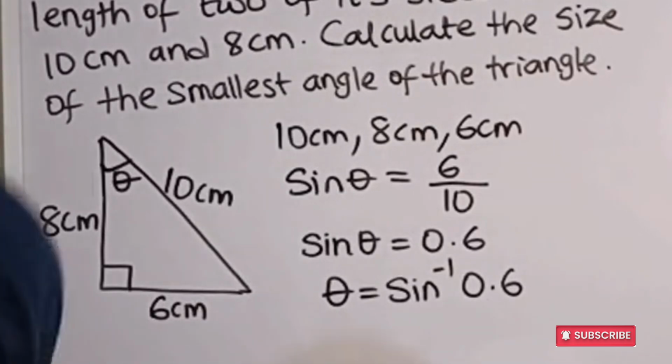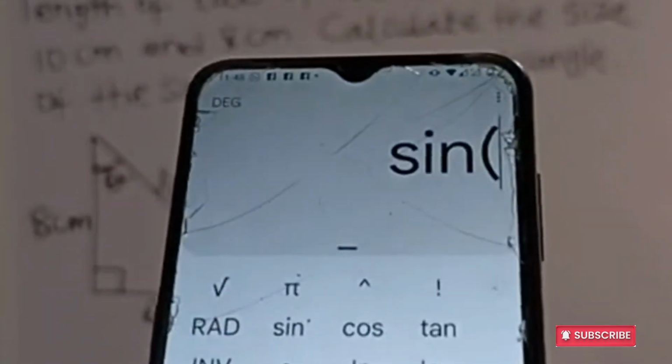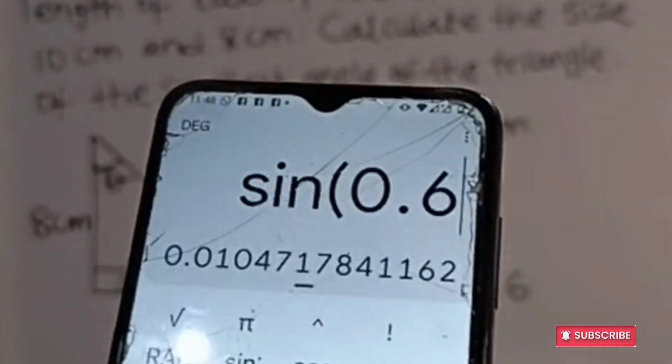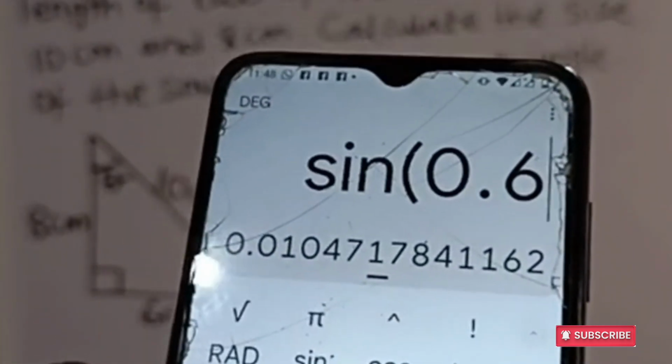So let's look at it together. So I have my phone here. So if I do sine 0.6, this is what I'm going to get, which is wrong. Sine 0.6 is wrong.